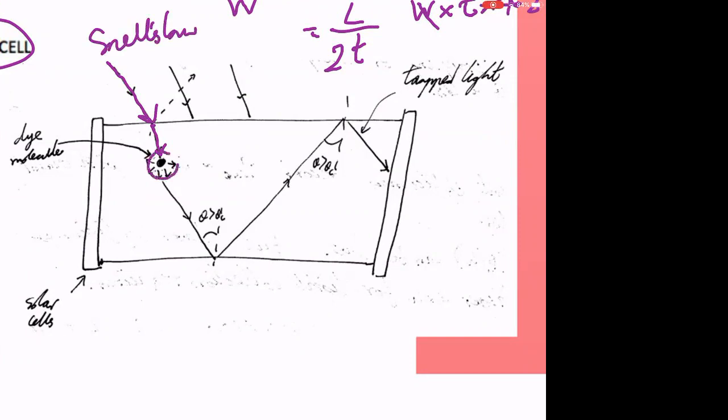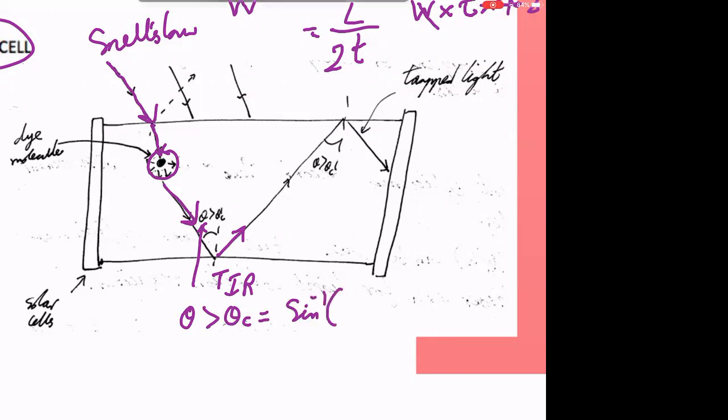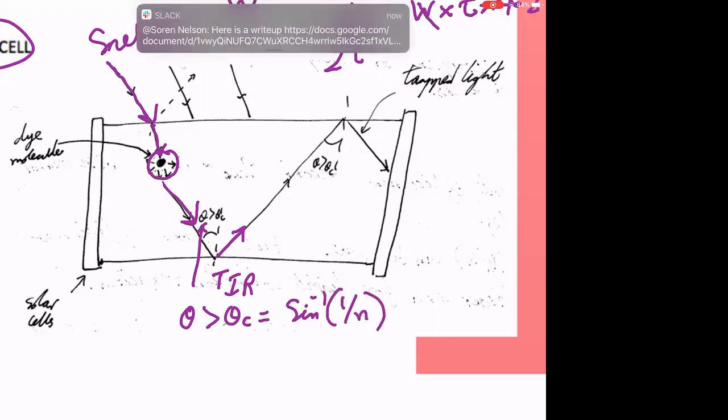Then it's absorbed by this molecule here, and that molecule then re-emits or fluoresces, and that's shown by this arrow here. And a portion of that light is trapped because of total internal reflection, TIR. And that happens when the incident angle theta is larger than the critical angle theta C, which is sine inverse, just to remind ourselves, of 1 over n.